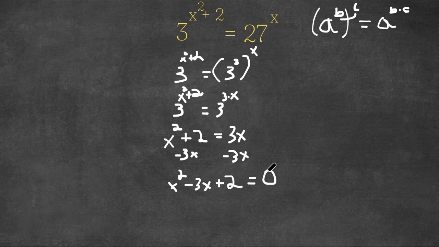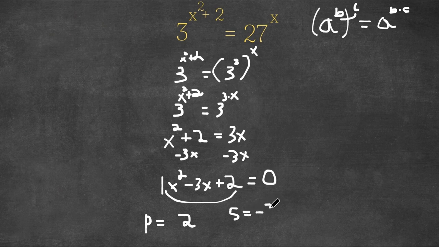So now we're going to factor this equation. We're going to multiply these two, a and c, and we have b here. So a is 1, so 1 times c is 2. So our product, p, is 2, and our sum is -3.